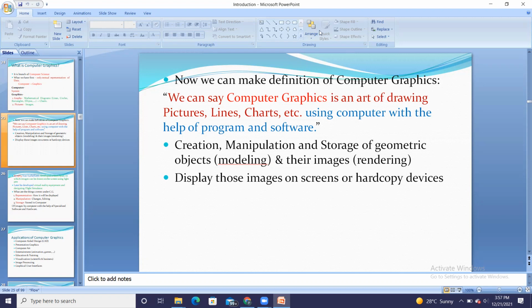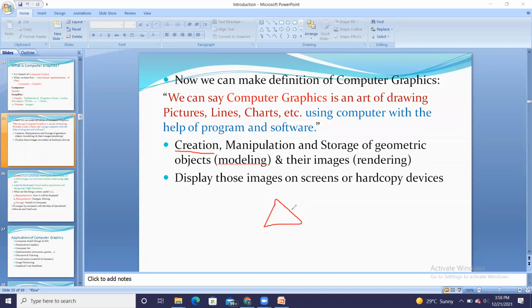First of all, if I want to draw any shape, let us take the example of a triangle. Whenever I want to draw any picture, creation comes into my mind, that is, I am going to create that object first. So here I am going to draw the triangle first. Then the second thing is I am going to manipulate that triangle.